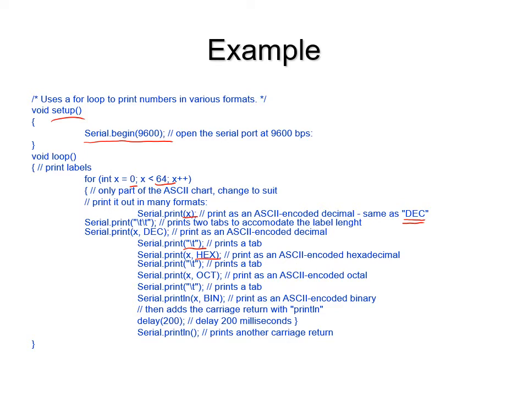This time you have a decimal number and then an octal number and a binary number. And at the end, you can see here we call println, so that after this character is printed out, it will jump to the next line.